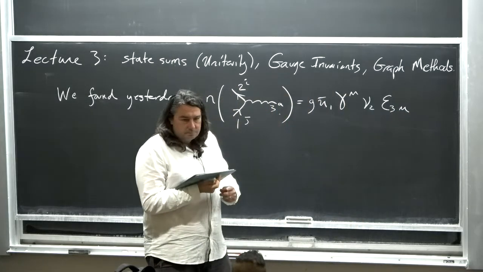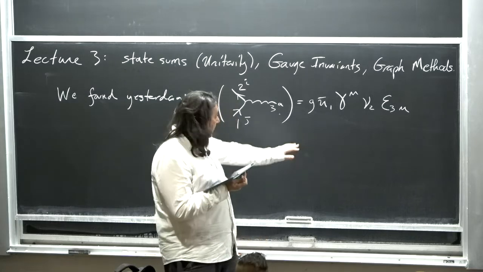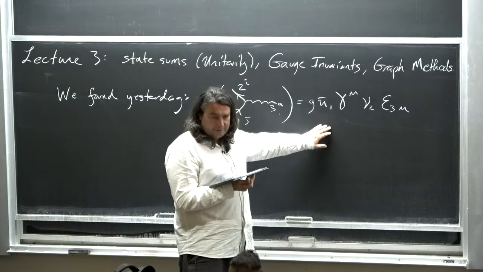There was something at a higher mass dimension with more momenta contracted, but I'm talking about the lowest mass dimension.